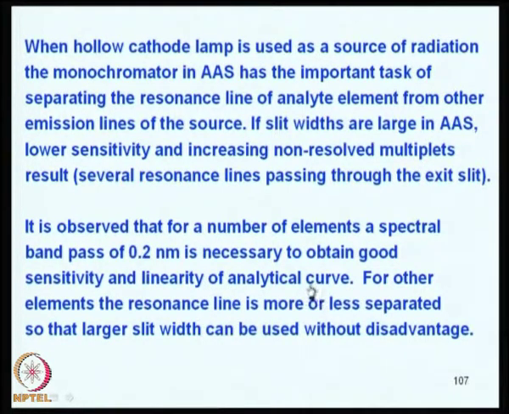For other elements, the resonance line is more or less separated, so that larger slit widths can be used without any disadvantage. So, you should not be worrying that if the requirement is only 0.002 to 0.005 nanometers, if I use 0.2 nanometer slit width, the other radiation lines may be coming in, so the sensitivity may go down.